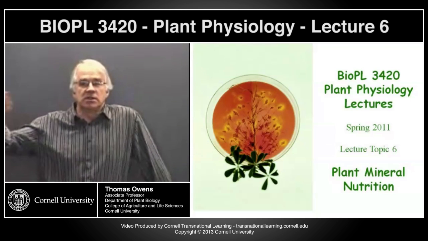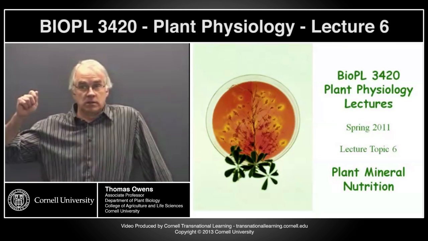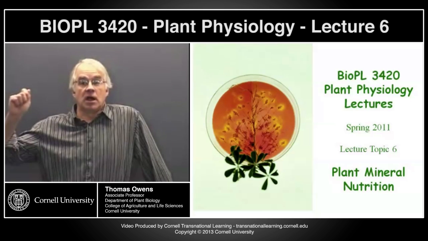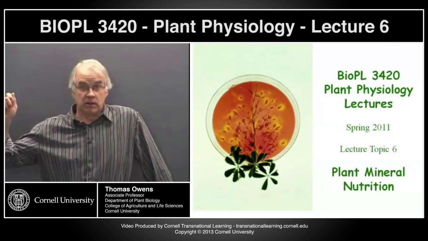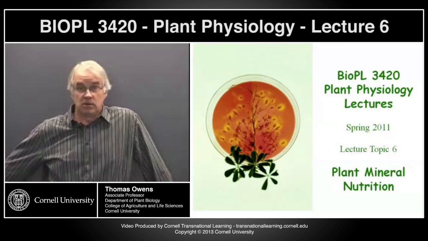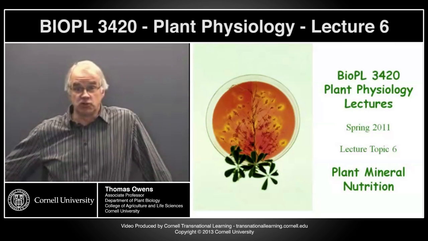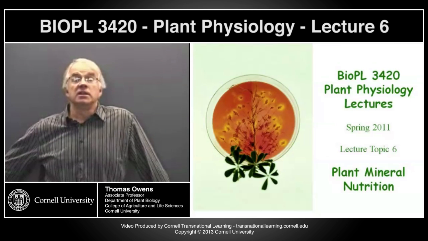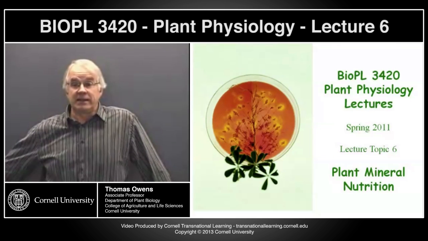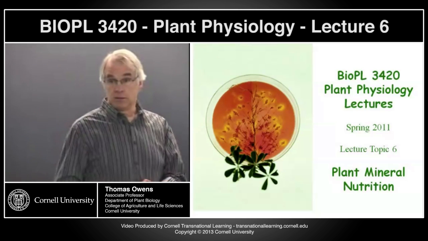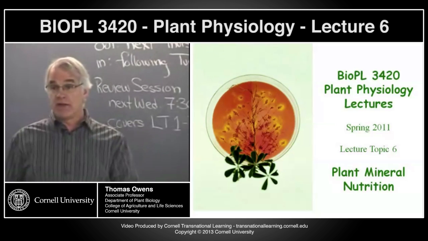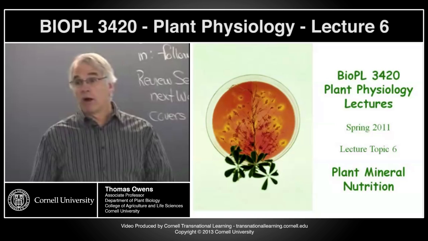Okay, so let's be a little bit more rigorous than that. Because there are many things that can make plants grow better, but if you take them away, the plant will still grow. Right? So when we talk about essential nutrients, we're talking about nutrients that if you take them away, the plant cannot grow, or the plant cannot complete its life cycle. So for example, one of the elements that you'll see in the list, boron.